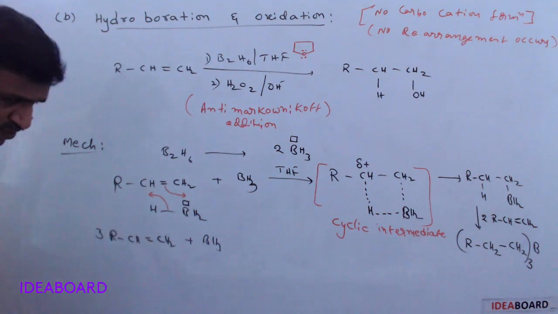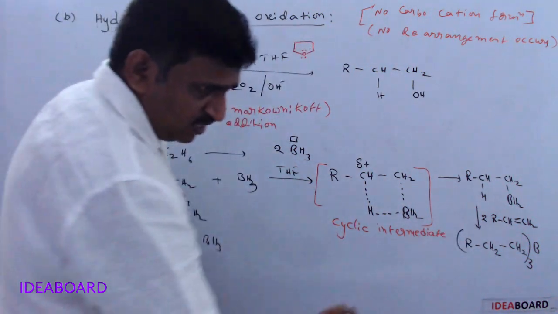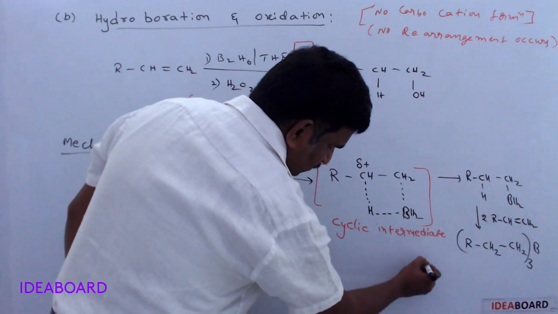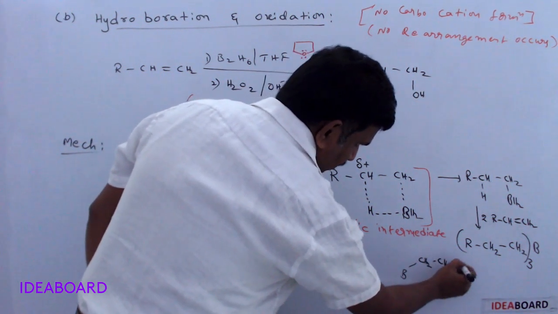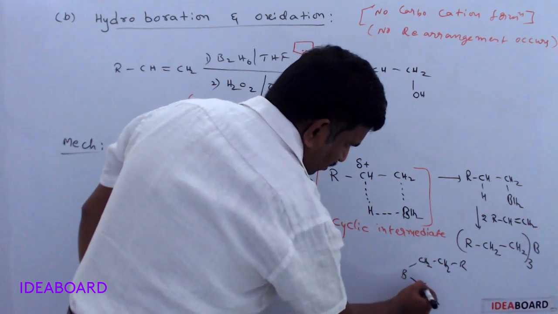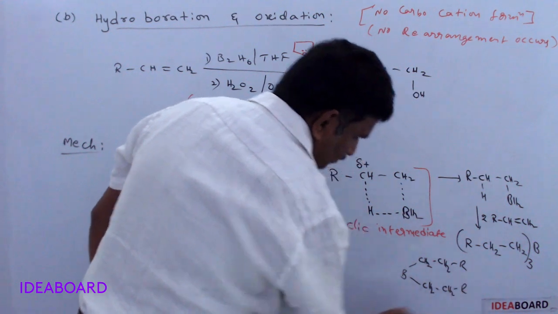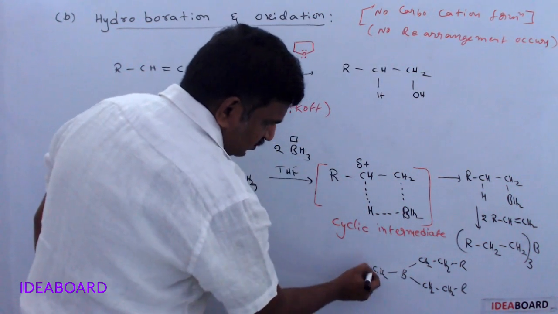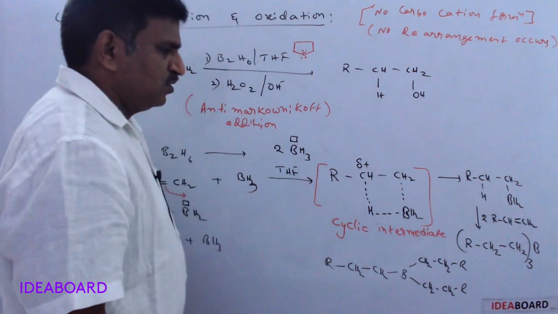So the actual structure is B with three CH2CH2R groups.